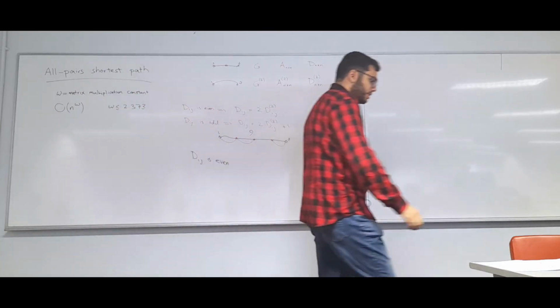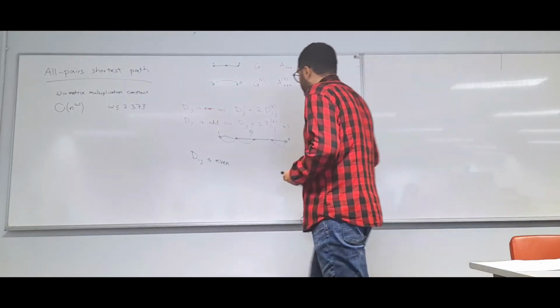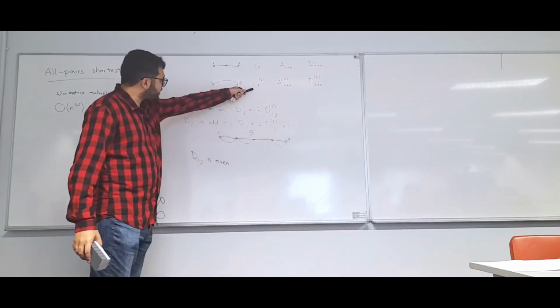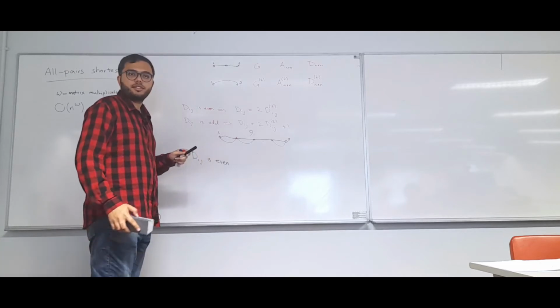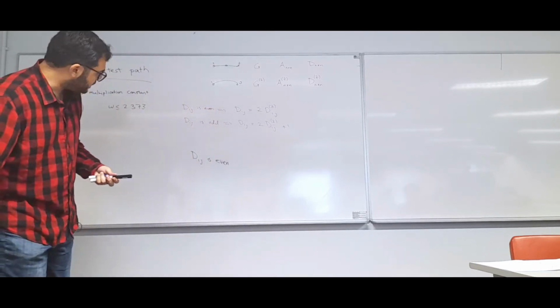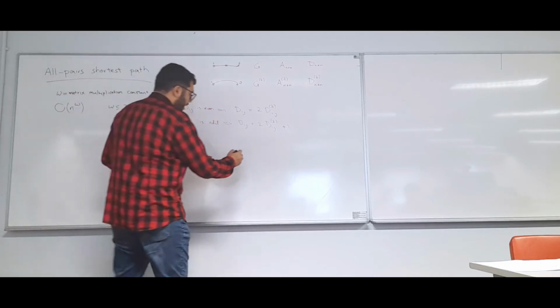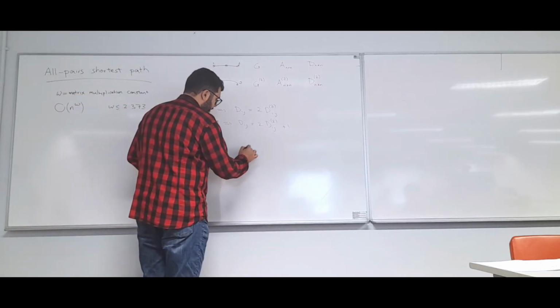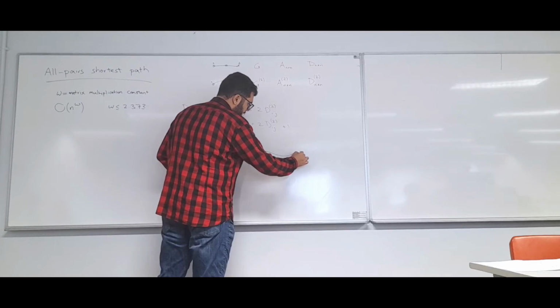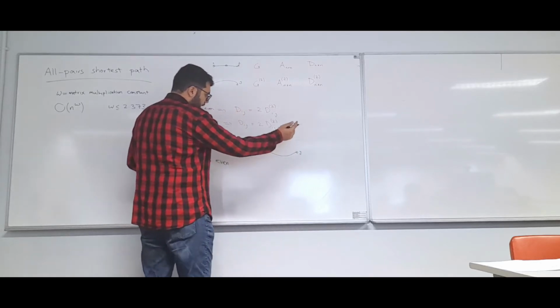Okay, so in my original graph, oh, and I'm going to draw the original graph in black and this second graph in red. Okay, so if Dij is even, I had a situation like this. I had my vertex i, and let's say this was the shortest path to the vertex j, and its length was even.